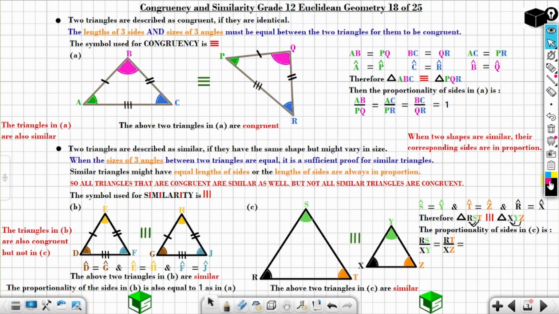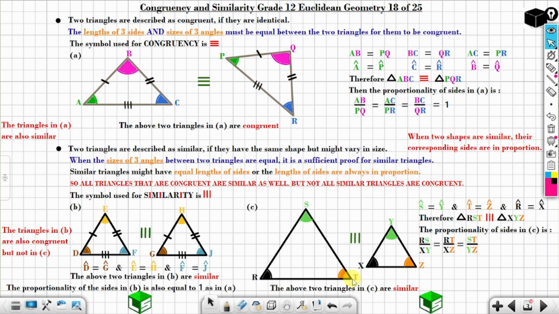This is equal to, now you are going to take second and third in this triangle and second and third in another triangle. Okay, so you have ST over YZ.